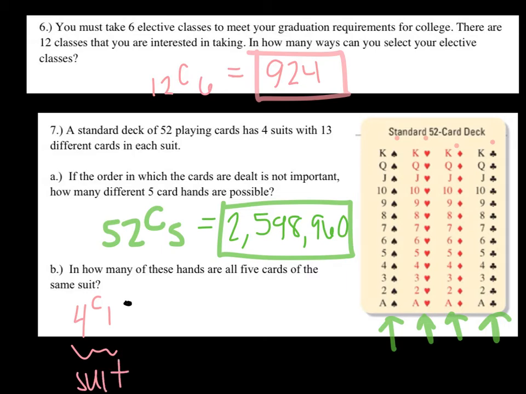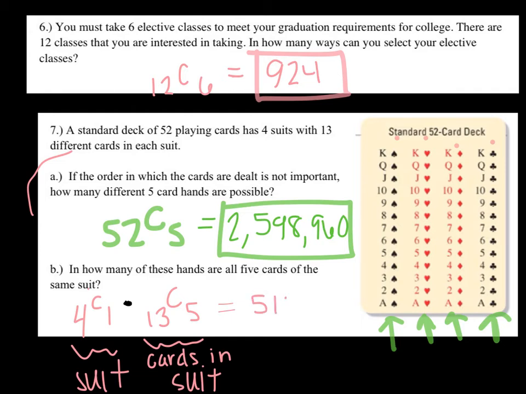And then once we've picked a single suit, of the 13 cards within the suit, we want to pick 5 of them. So the 1 suit times the 5 cards we want from that suit gives us a total of 5,148 combinations to get us 5 cards all of the same suit.